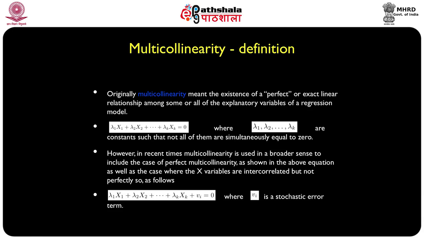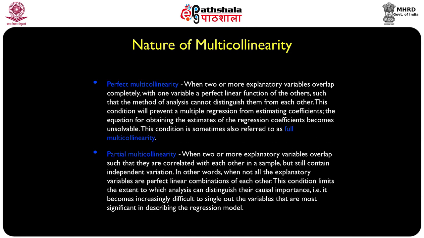We can write a linear combination of the explanatory variables x1, x2, ..., xk, and in addition we have a stochastic error term vi. Thus, the linear combination can be written as lambda 1 x1 plus lambda 2 x2 plus ... lambda k xk plus vi equals 0.